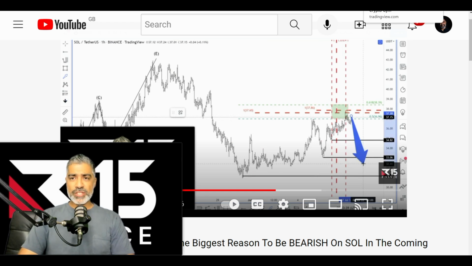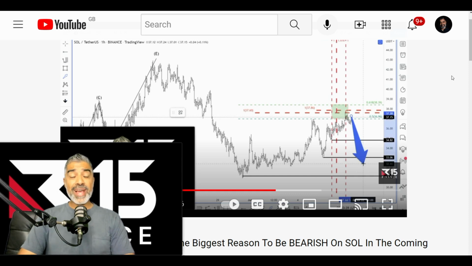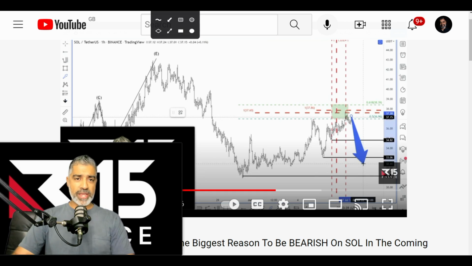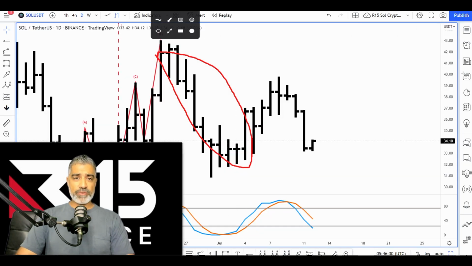I'm going to now dive into a daily chart where we're looking at the same information, but on a daily. The difference is on an hourly chart, you literally have 24 bars in a day. So this part of the market on the hourly chart is represented by this over here. It pretty much overlaps over here, right?